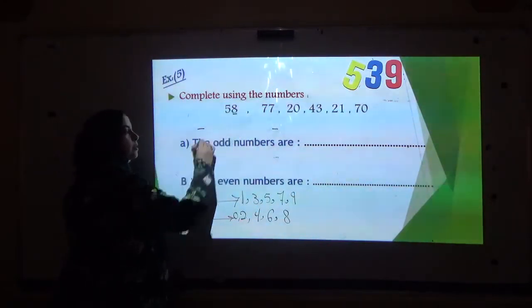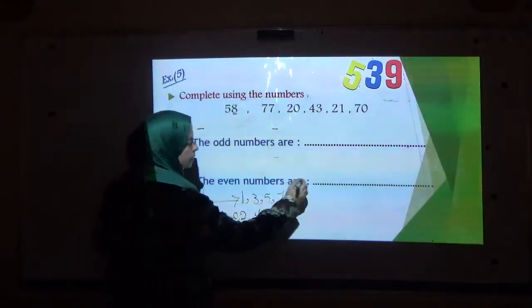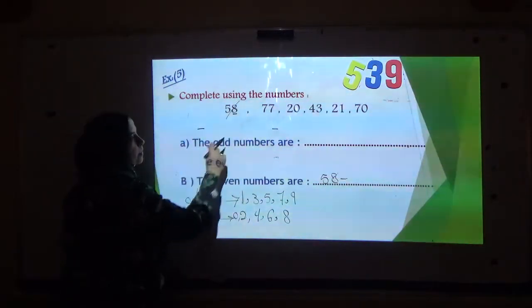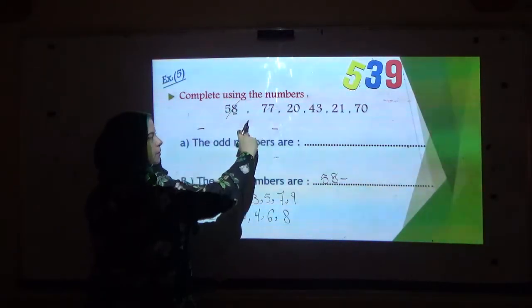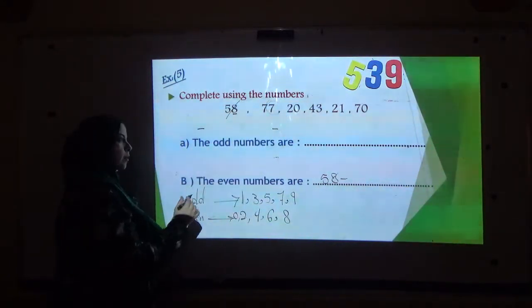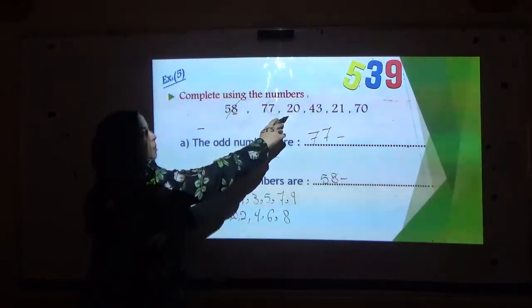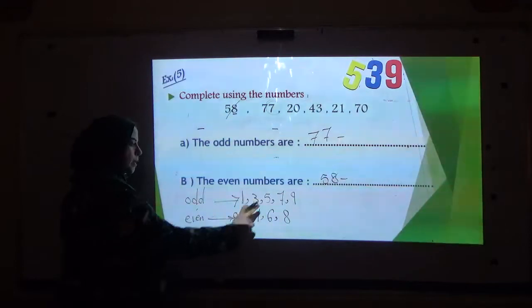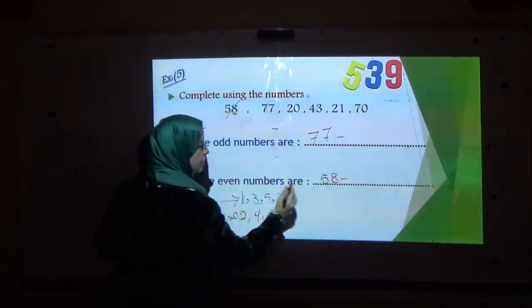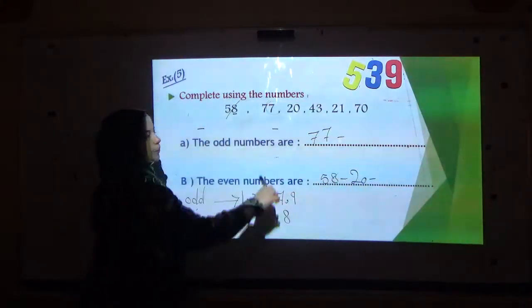58. The ones here is 8, so this is even. Next, 77. The ones digit 7 is an odd number. 20. Ones is 0, then even. 43.